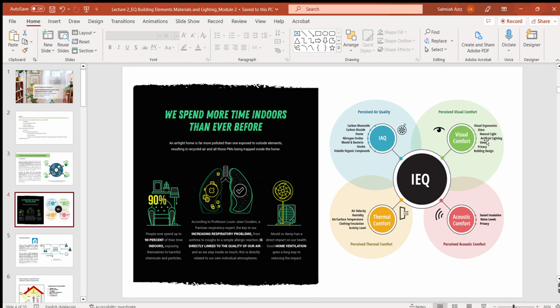For example, artificial lighting. The designer should check the intensity of the lighting design. If the intensity or power of the lighting is overdosed, it might impact the well-being of people as well, because it is not healthy.